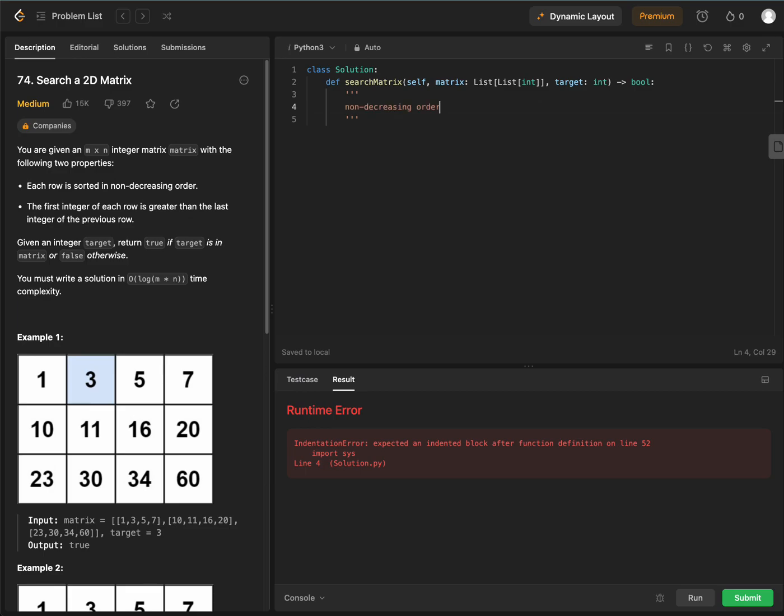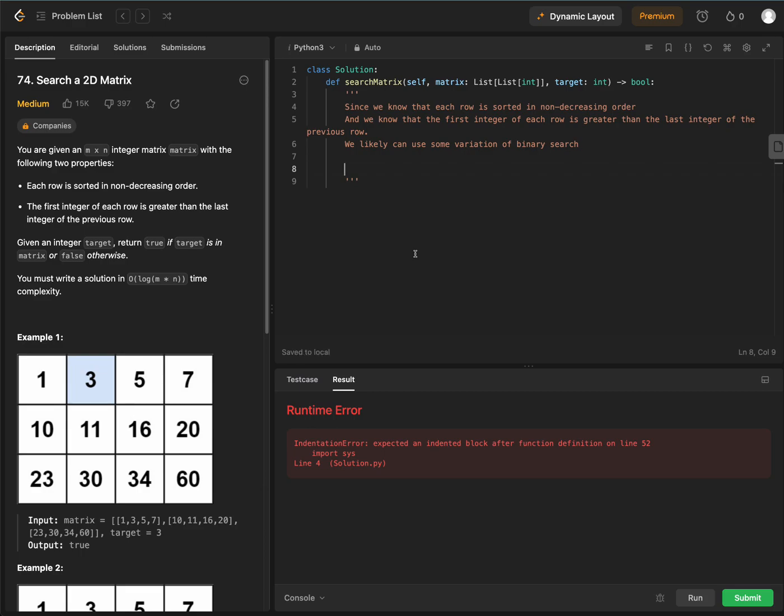Since we know that each row is sorted in non-decreasing order, and we know that the first integer is greater than the last integer of the previous row, we likely can use some variation of binary search, to halve the search space each time.